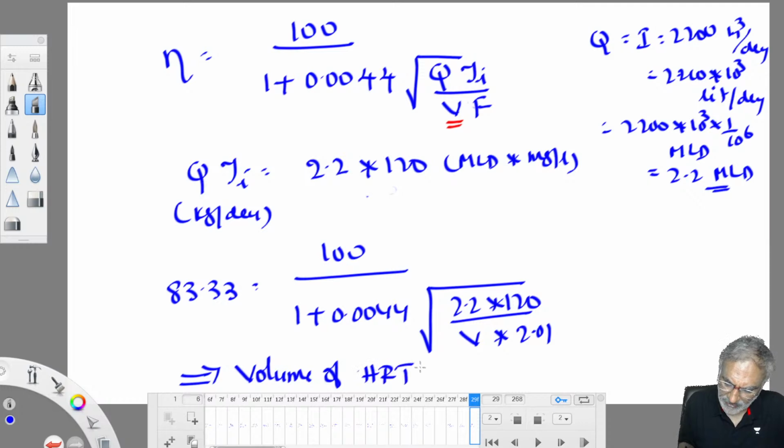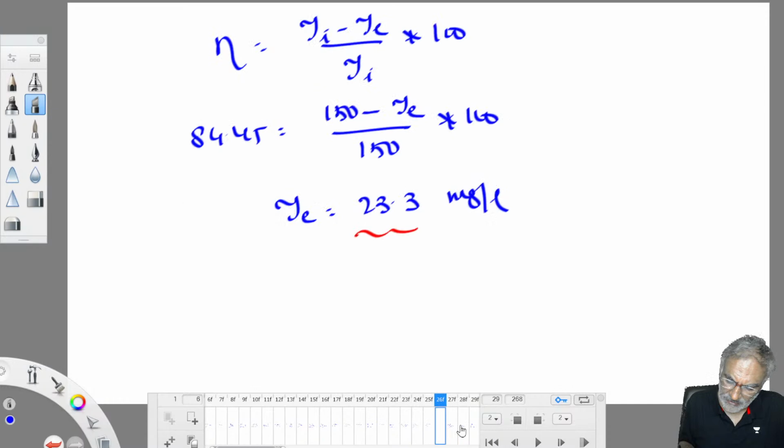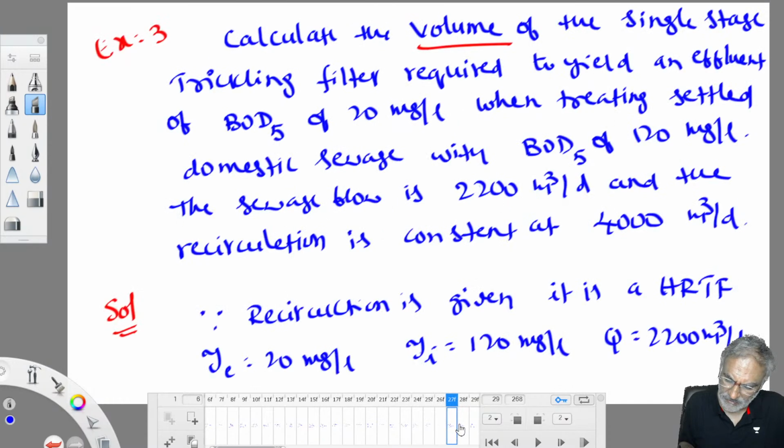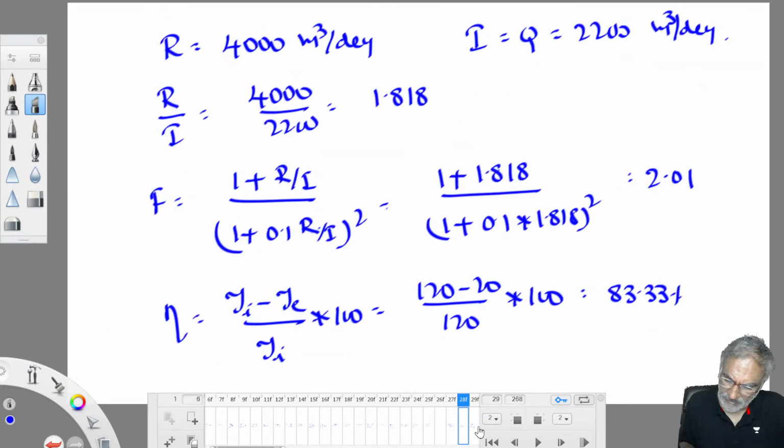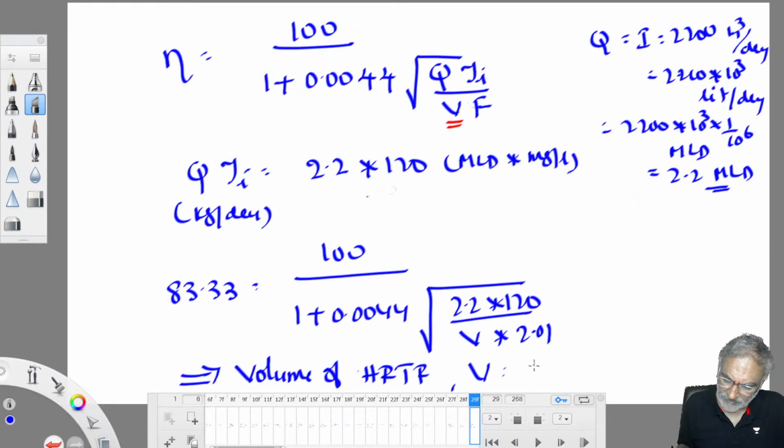High rate trickling filter is equal to, work out the volume. You will get the volume in which unit system? Hectometer you will get. Then you can convert to whichever unit system you like. And simplify this carefully.